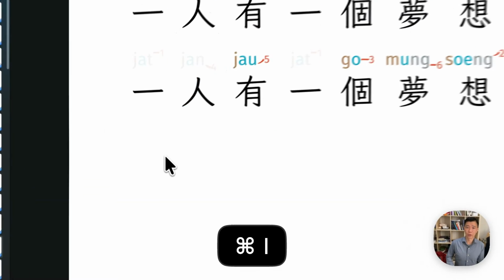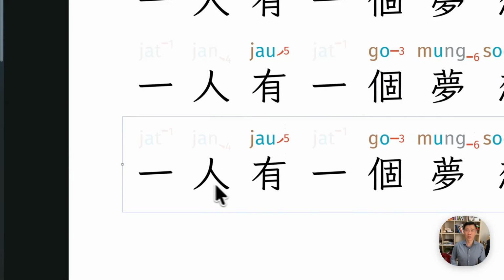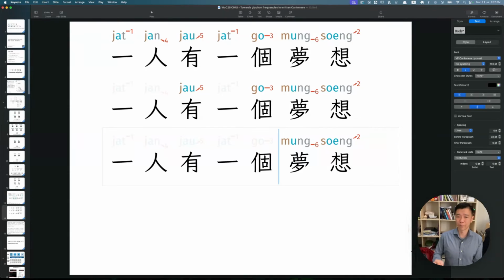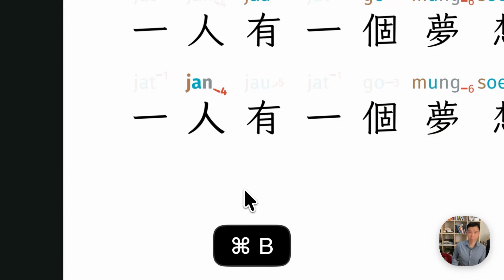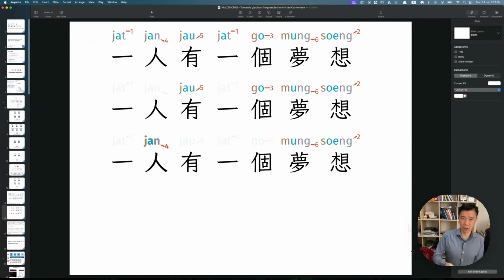So what we can do is say these are the simple characters early in the progression, and at some point we turn off all the easy characters and leave behind, and focus, the learner's attention on the difficult ones. The problem is that when we're looking at the character yan, it could be read as yan, like 男人, 女人.